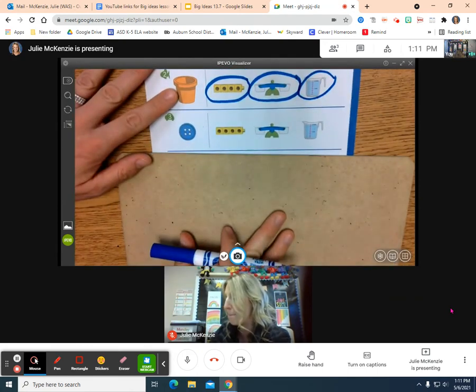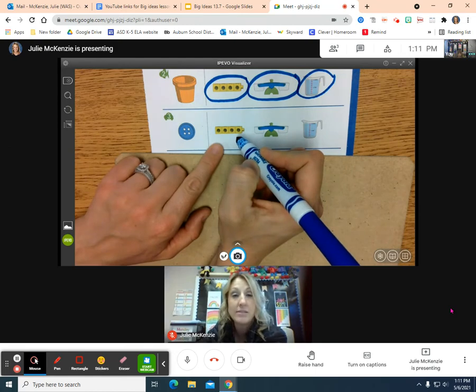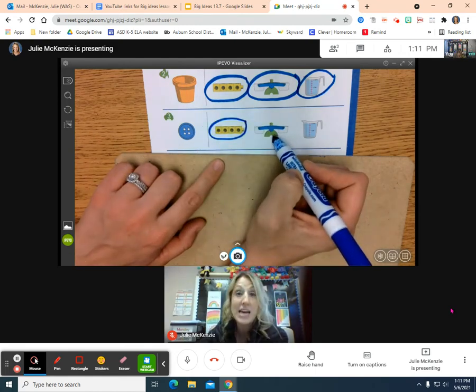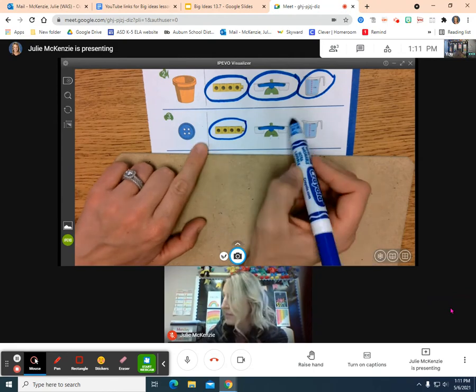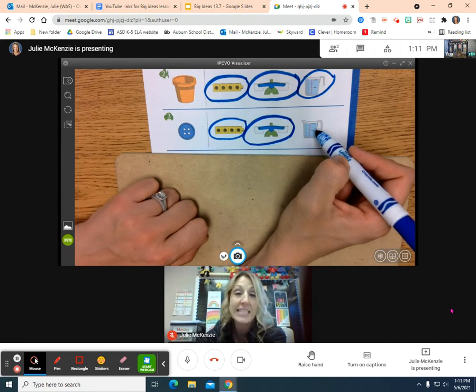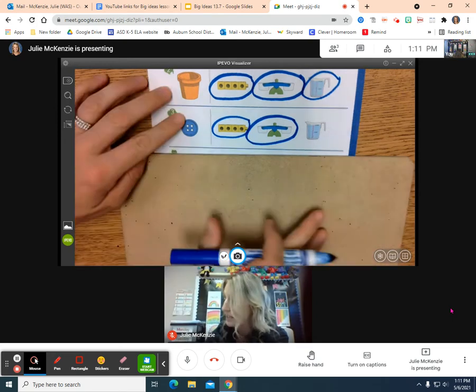All right, what about a button? Could we measure the length of a button? We could. Could we measure the weight of a button? Yes, we could. Could we measure the capacity of a button? No, we could not. A button has no capacity.